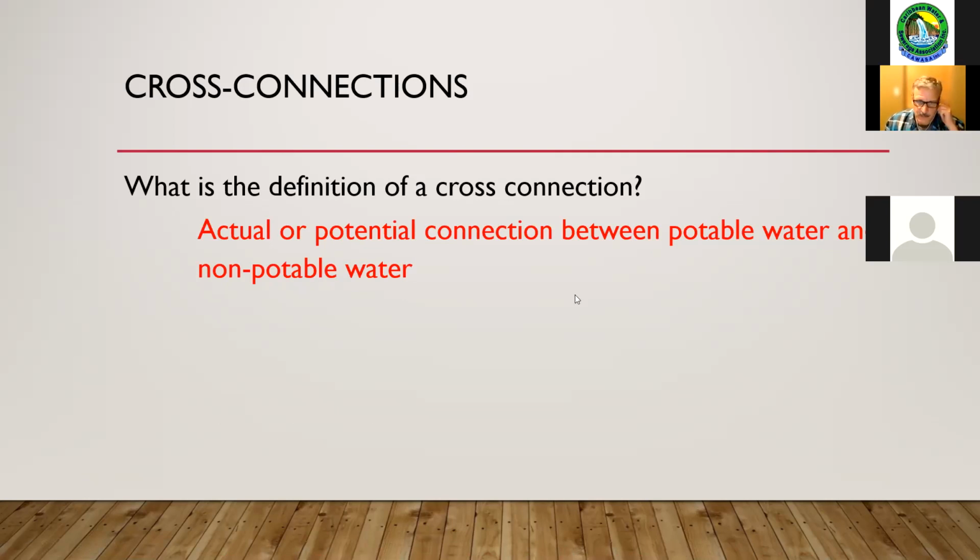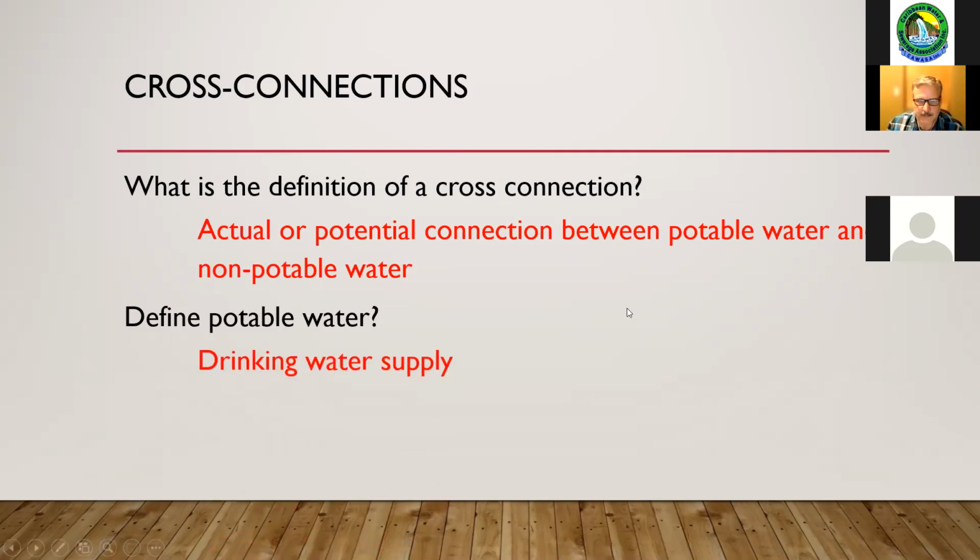It's an actual or potential connection between potable and non-potable water. You define what potable water is. Yeah, good answer. Any drinking water supply. And can you define non-potable water?